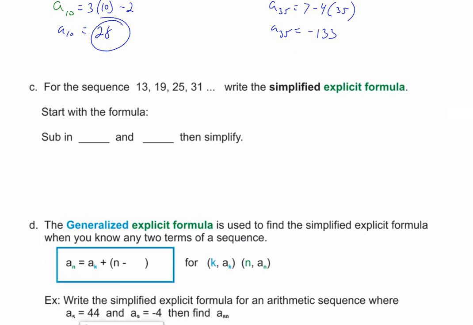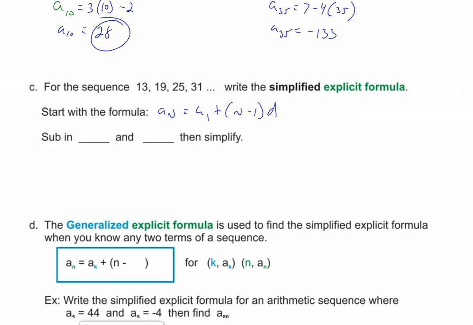All right. For the sequence 13, 19, 25, 31, write the simplified explicit formula. Okay. So you got to always start with the regular explicit formula, right? a sub n equals a sub 1, this is explicit, plus the quantity n minus 1 times D. All right?